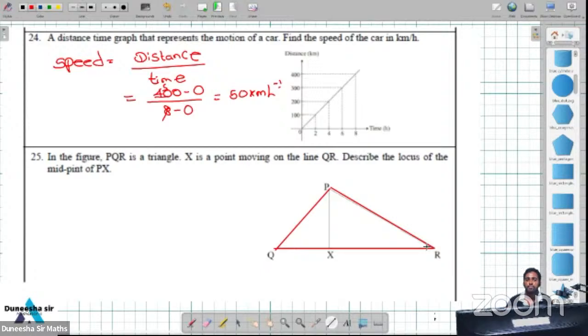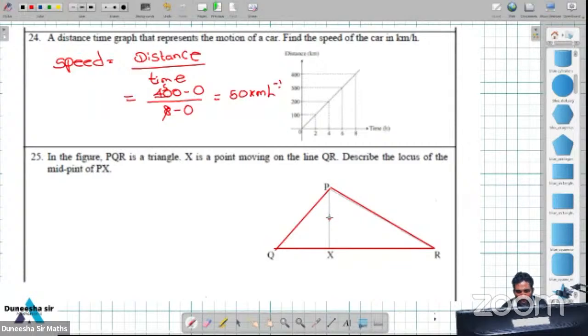In the figure, PQR is a triangle, X is a point moving on the line QR. Describe the locus of the midpoint of PX. Okay, midpoint of PX, where?